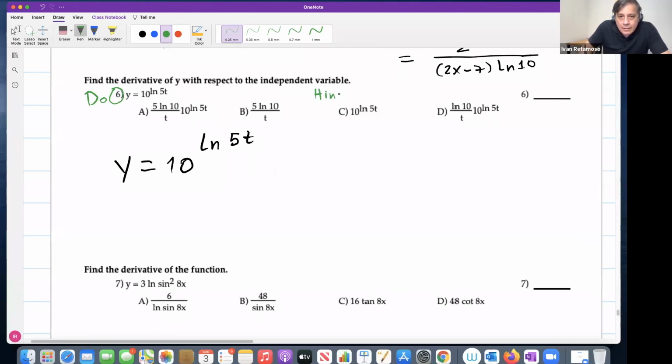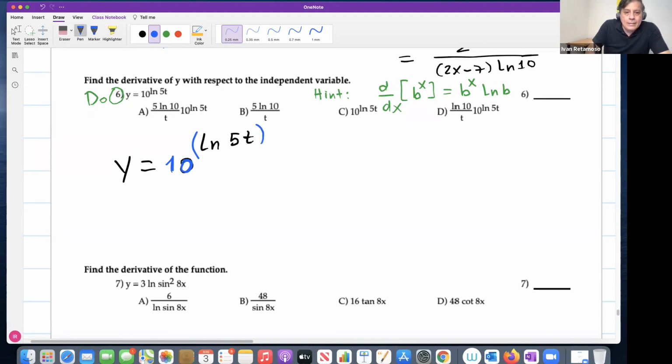Hint. Recall, the derivative with respect to x of b raised to x is b raised to x times natural log of b. This is what you have to apply here. Professor, could you tell us what is the outside function? What is the inside function? Sure. This should be your outside function, 10 raised to something.